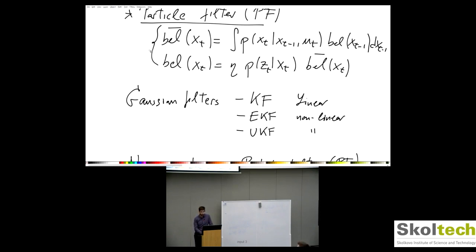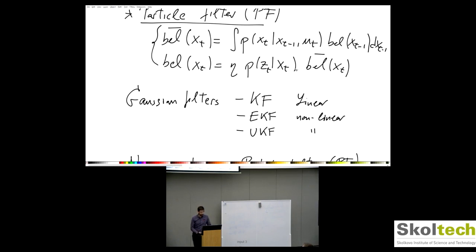Behind it, there's the Bayes filter, right? These two equations, but instead of saying, okay, for Gaussians we know that this is very efficient, we can calculate this marginalization and this conditioning, but for other things we don't know. It's actually hard.